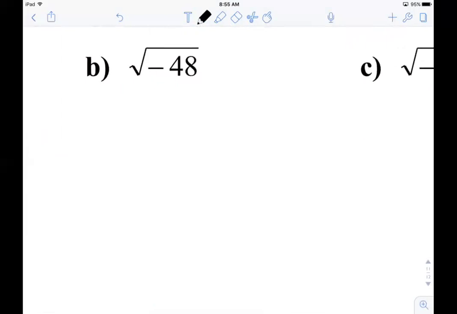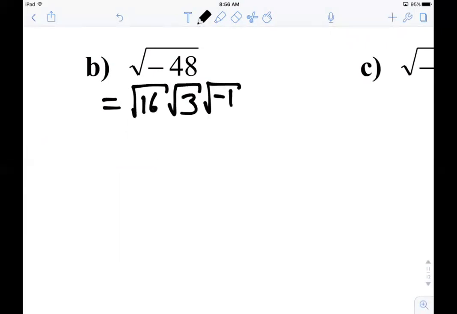What about root -48? Well, root -48 can be broken up the way that we did our previous one. So let's try root 16 and root 3, but also the square root of -1. Now for that, I would get 4 and a square root of 3 and an i.